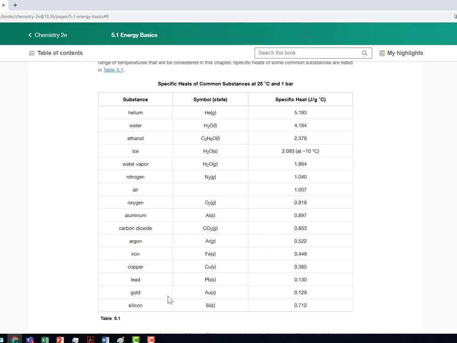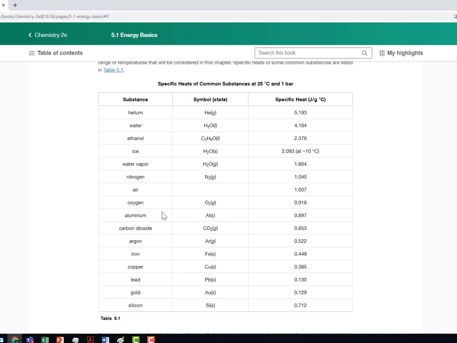You'll notice that towards the low end of the table we have a lot of metals. So metals have a low specific heat, and what that means is that it is easy to heat them up. The amount of heat to cause a change of say 50 degrees is smaller for a metal than it is for other things.